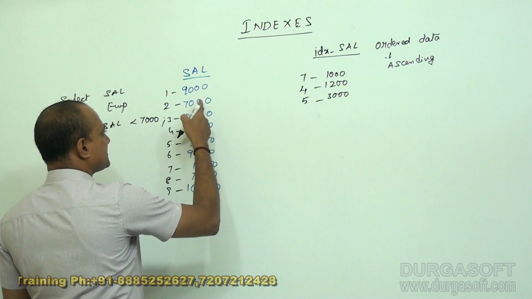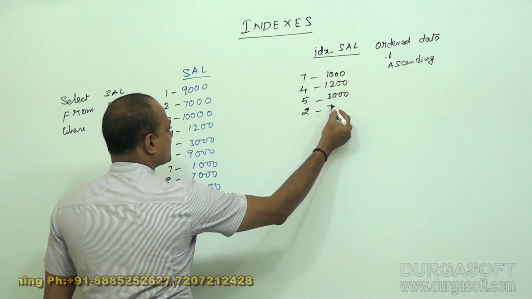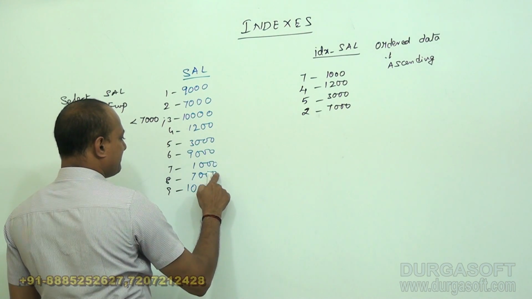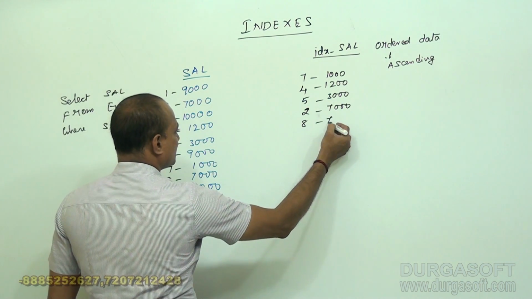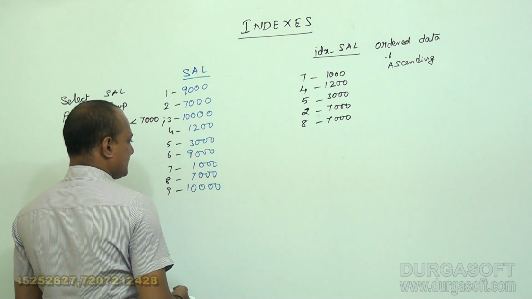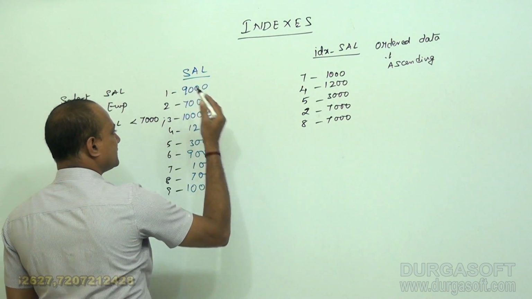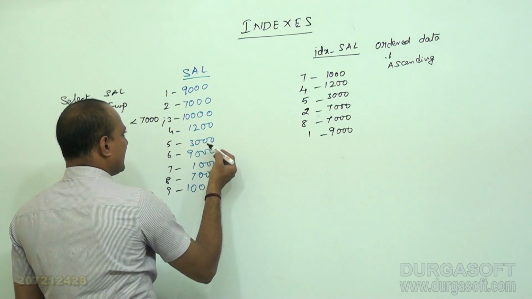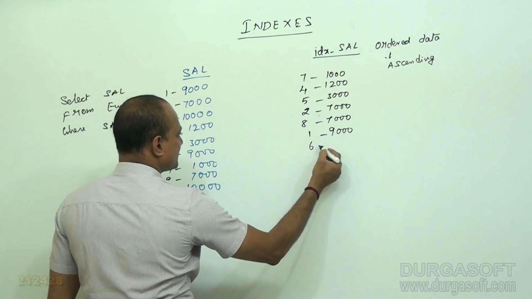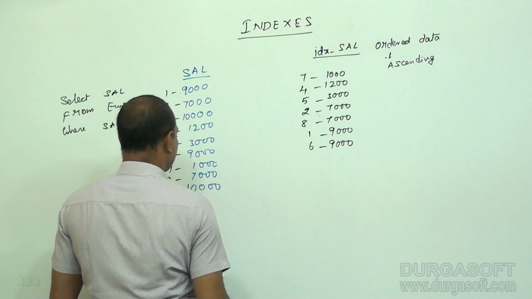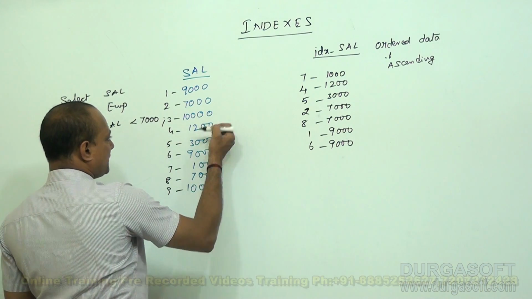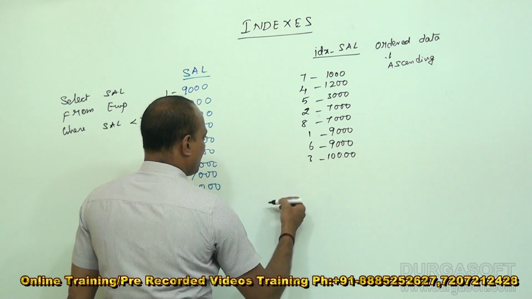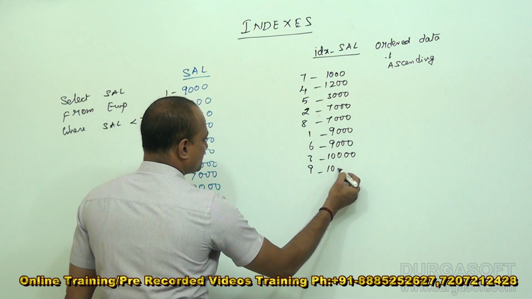Next value, 7,000, the second value, and again 7,000 here, and the eighth value is also 7,000. Next highest value, 9,000, from the first record, and again 9,000 from the sixth record. And from the third record, 10,000, and from the last record, 10,000.